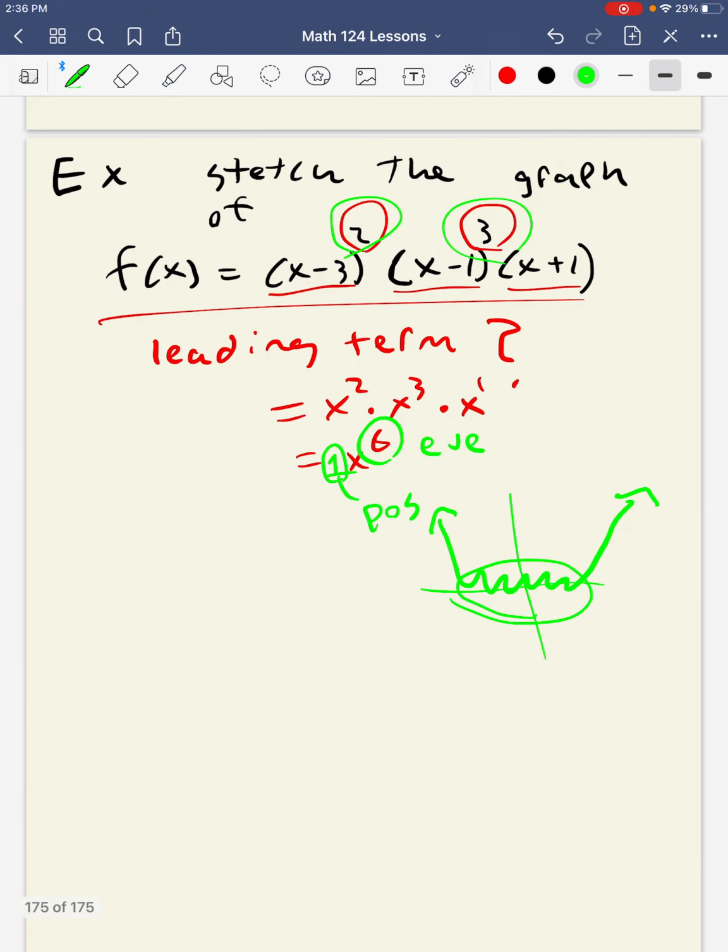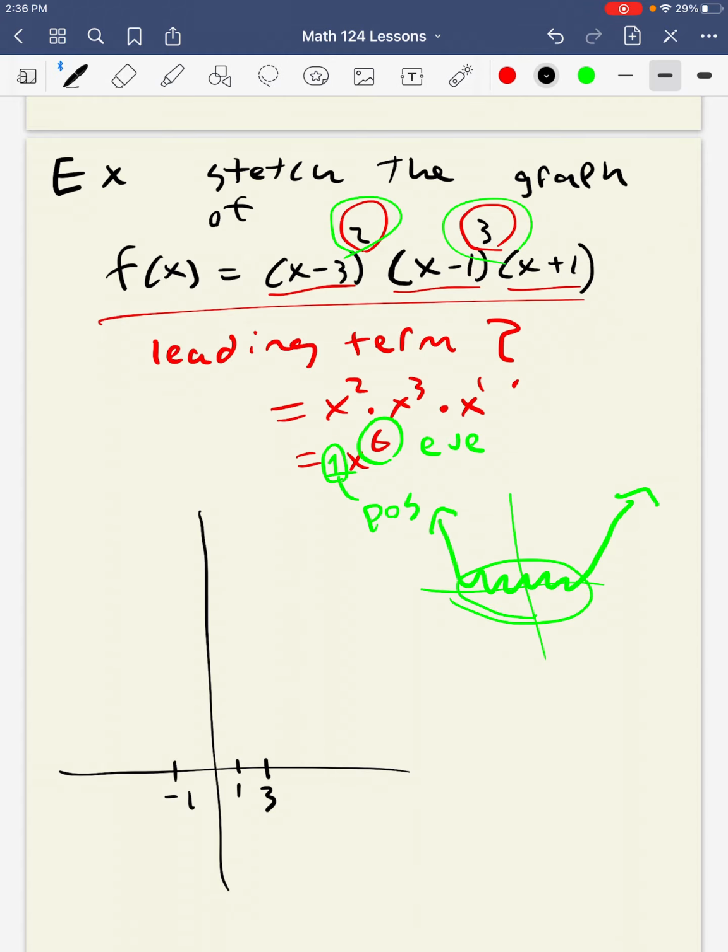Right, so let's investigate what the graph will roughly look like. Well, it's going to cross or bounce off the x-axis at either 3, 1, or negative 1. Why? Because if you plug in a 3, a 1, or a negative 1, then the whole thing will equal 0.